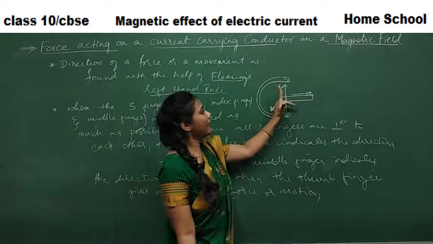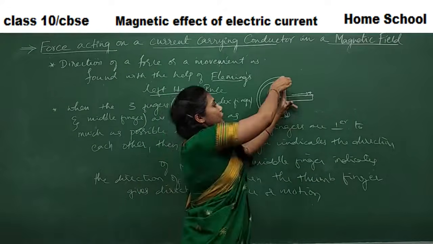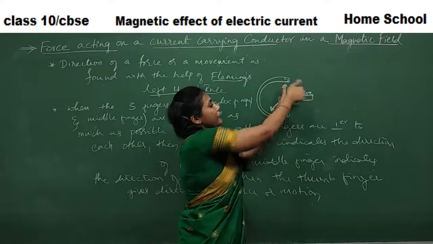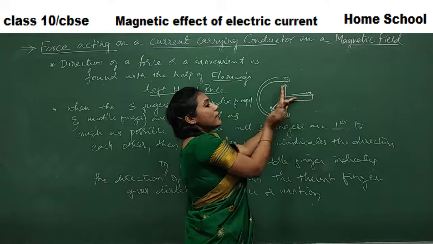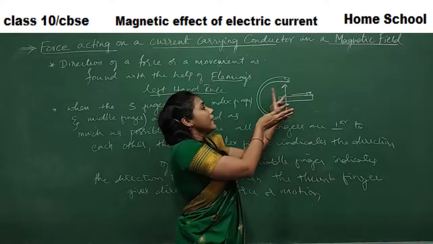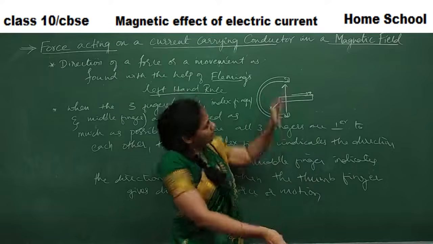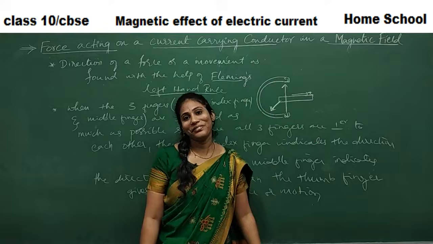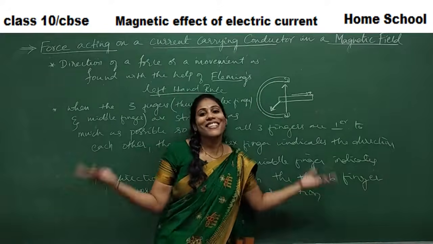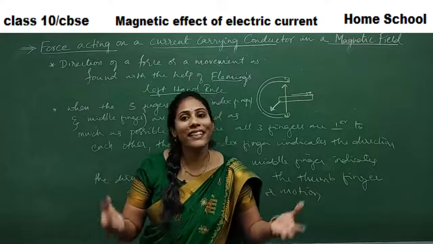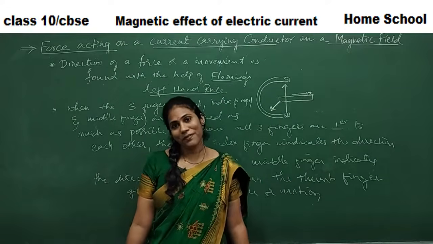But practically speaking, if the direction of magnetic field is bottom to top and the direction of current is left to right, then the direction is outward. The rod will move outward, out of the board, out of the paper. Clear? This is how we can always decide the direction of magnetic force.